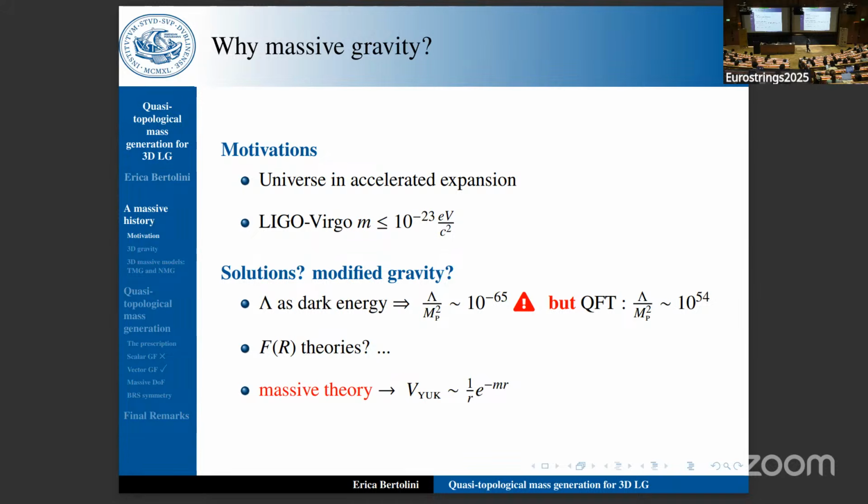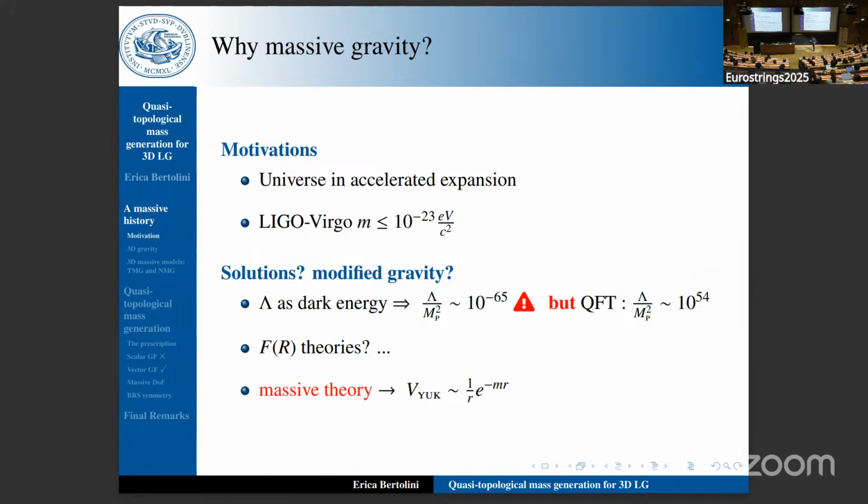This thus predicted from observation a certain value of the cosmological constant, but this is in disagreement with some quantum field theoretical predictions. Some other ways for justifying this accelerated expansion can be found, for instance, in the context of f(R) theories.